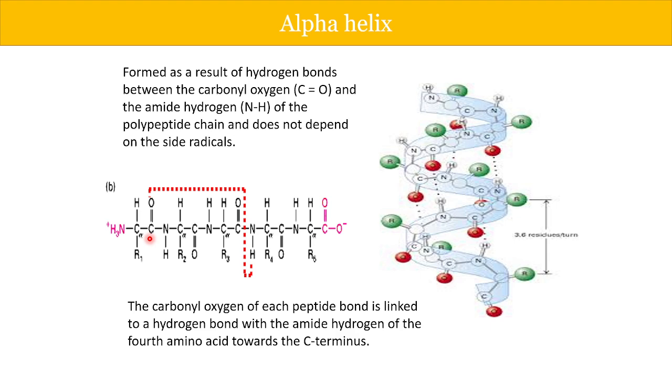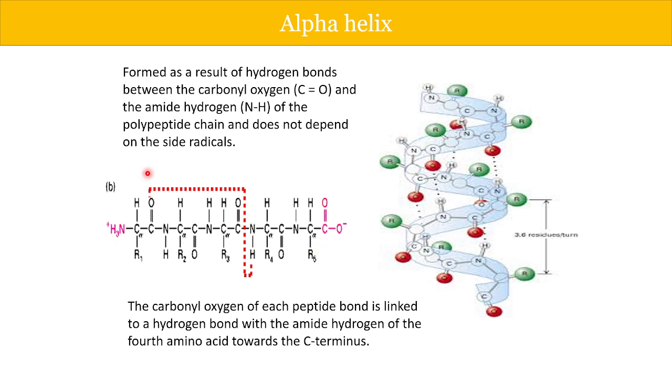The carbonyl oxygen of each amino acid is linked by a hydrogen bond with the amide hydrogen of the fourth amino acid towards the C terminus, and that leads to the coiling of this particular structure, right?